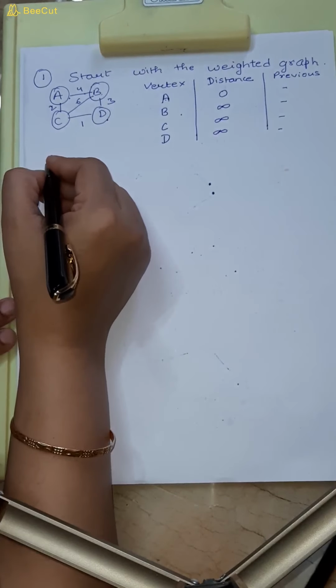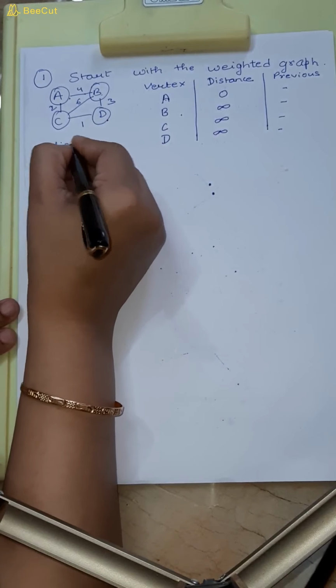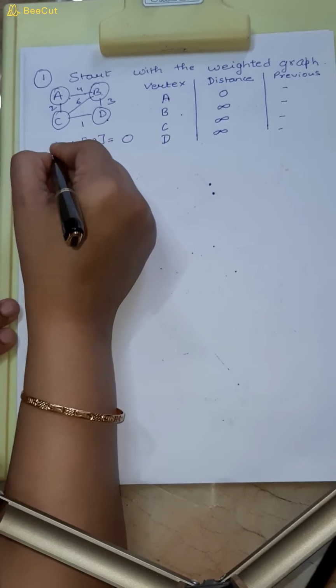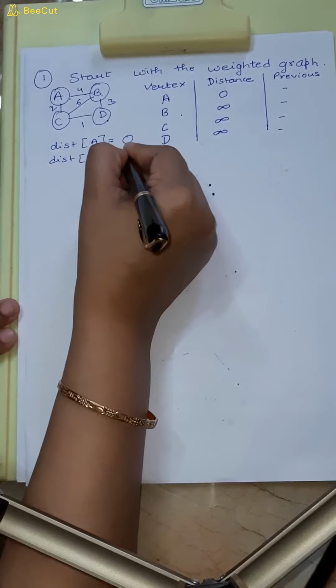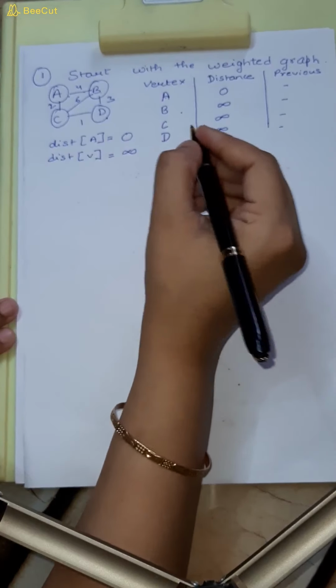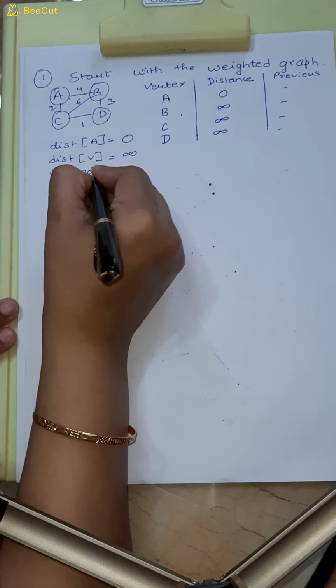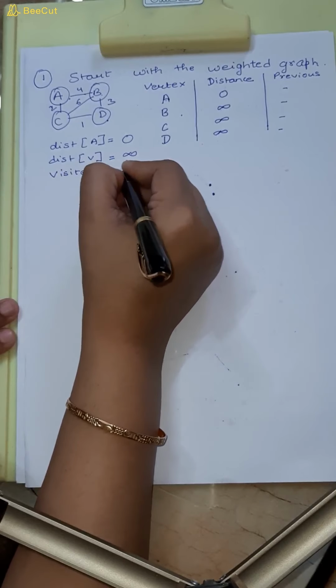In the second step, the distance of A, the source vertex, will be 0. The distance of the rest of the vertices other than the source vertex is infinity, and we are going to take one more array. Its name will be visited, and initially it will be empty.